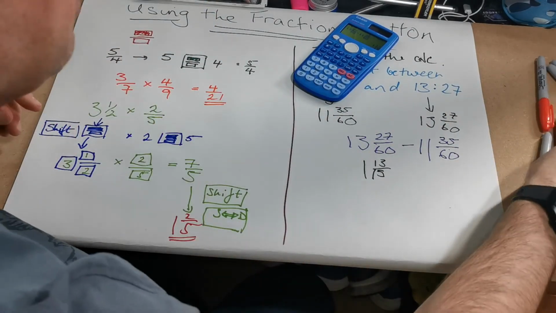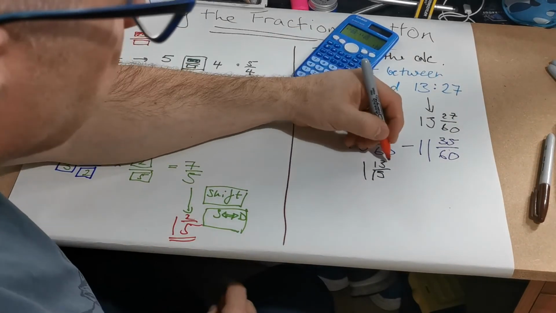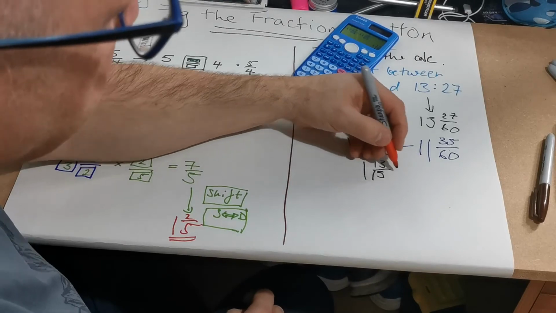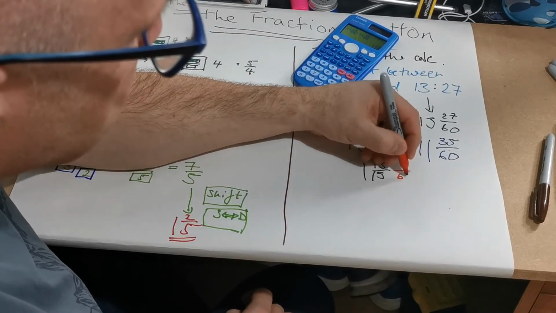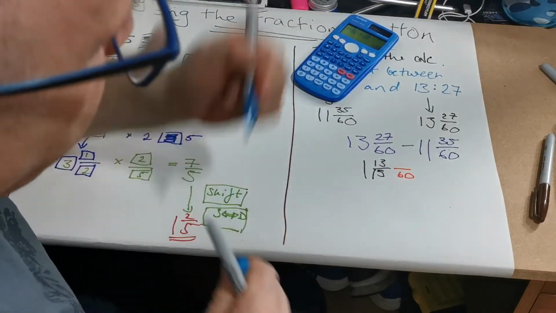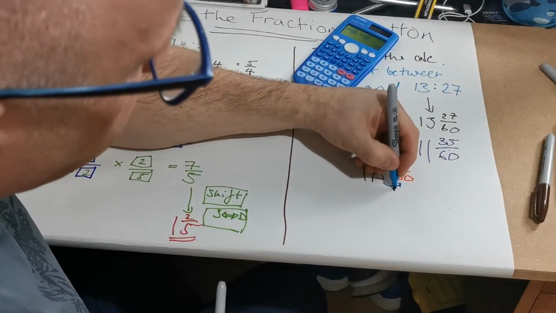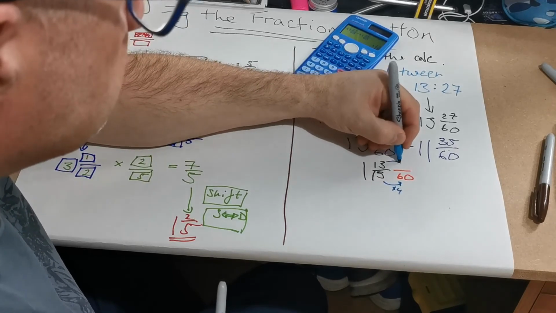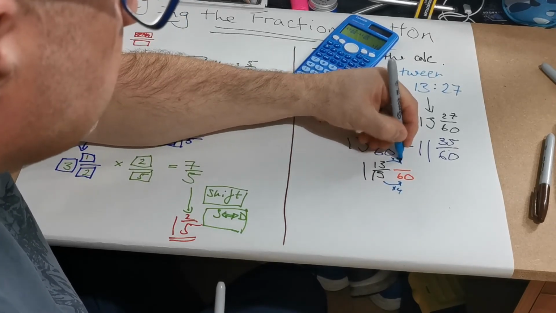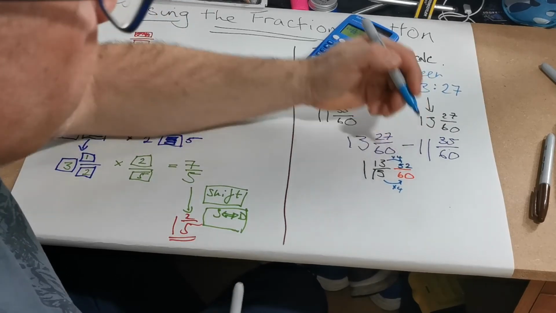Now that's quite tricky, but I'm going to say, right, okay, 13/15ths, I would like that in terms of 60ths. So I'm going to times that. I recognise that that's been times by 4, so I'd have to times that by 4. 13 times 4 is 52.